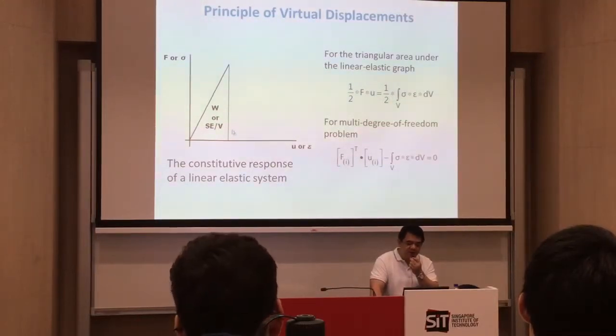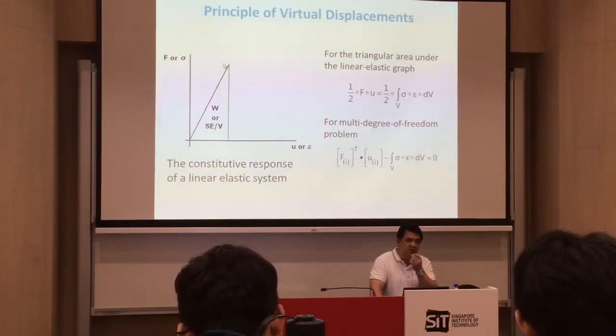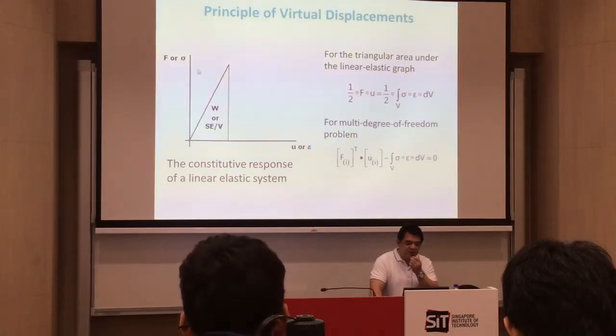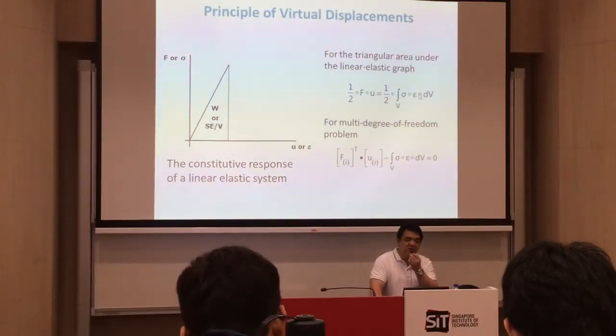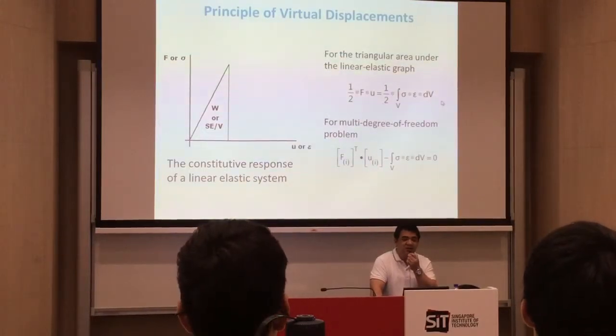Similarly, if you're looking at stress, the strain energy will be the area under this line here. So all that area there is the strain energy. Your strain energy will be 1/2 stress multiplied by strain dV. So that is your area.